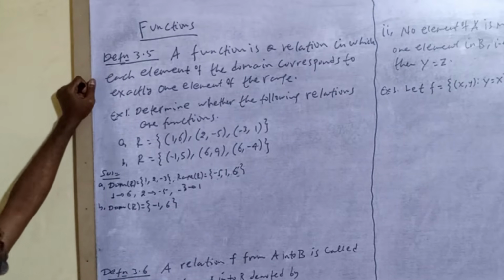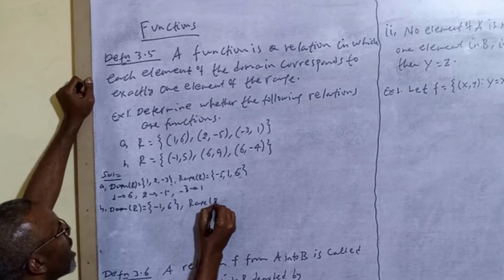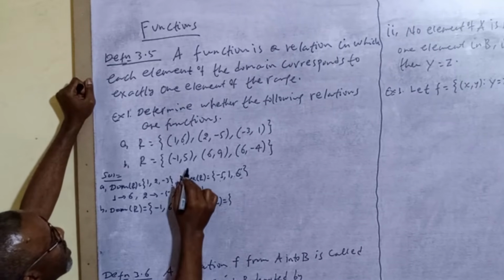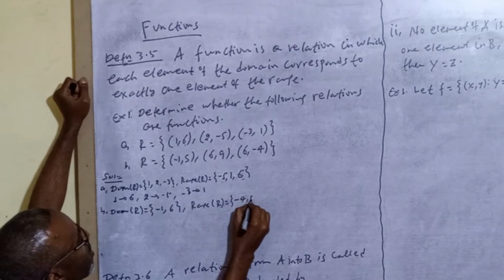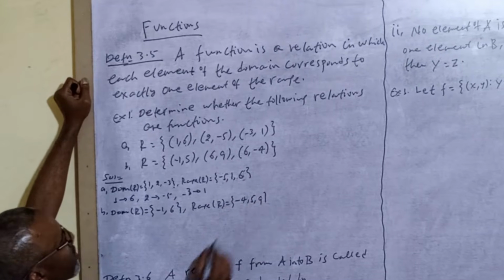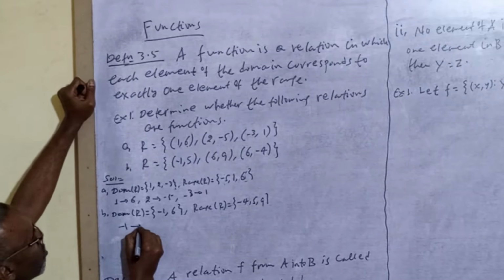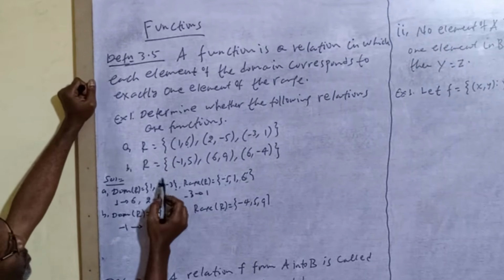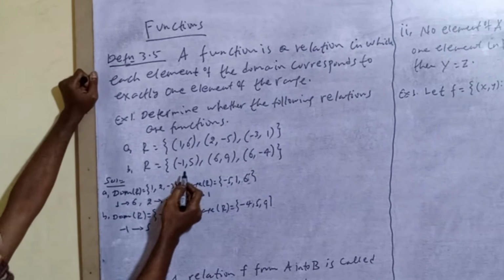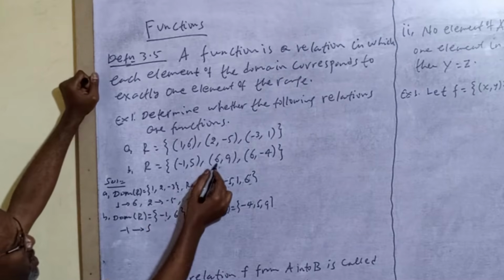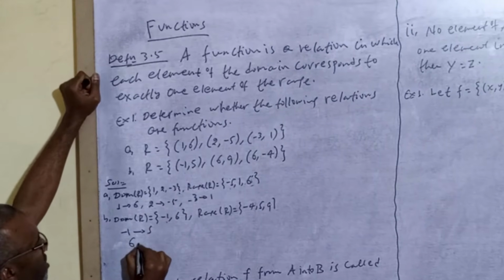The range of r is the set containing 5, 9, -4. So -1 corresponds to 5, -1 is mapped to 5, 6 is mapped to 9, and 6 is also mapped to -4.